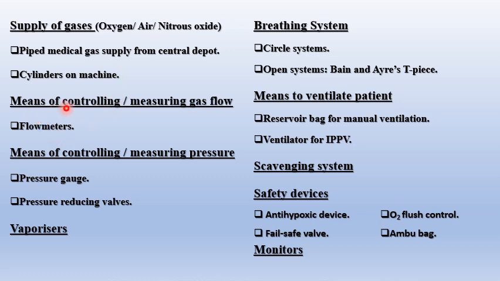As a means for controlling and measuring gas flow, we have flow meters. As a means for controlling and measuring pressure, we have pressure gauges and pressure reducing valves. Then vaporizers. The breathing system can be a circle system or open systems like Bain and Ayre's T-piece. To ventilate our patient, we have a reservoir bag for manual ventilation or a ventilator for intermittent positive pressure ventilation. Also the scavenging system, safety devices, and monitors.